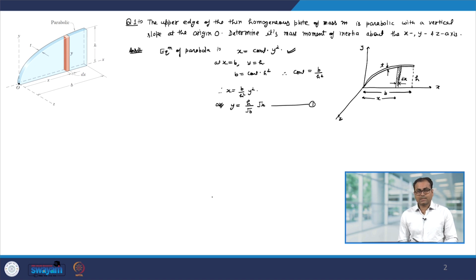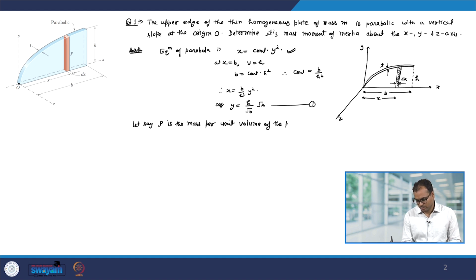Now, let us say that the mass per unit volume of this plate is rho, and let us find out what will be the mass of this object. Then total mass m will be integral dm.